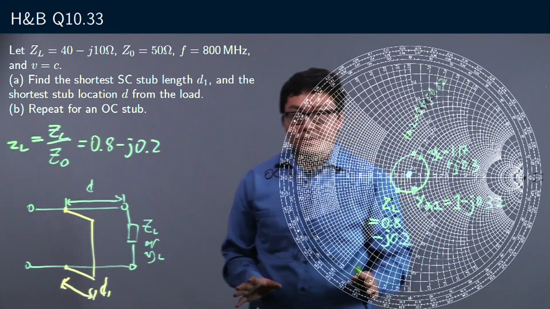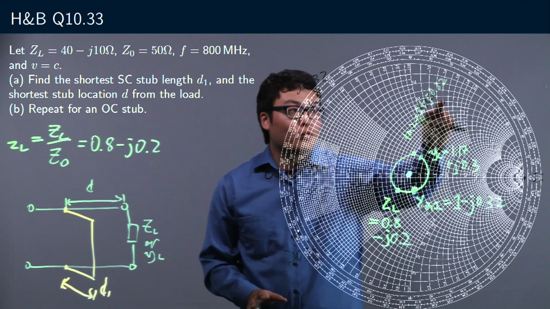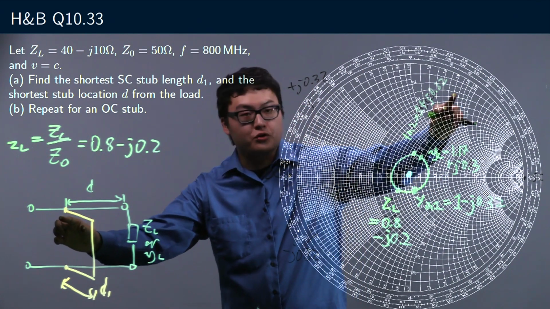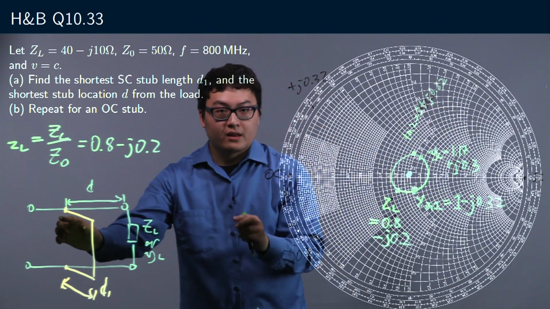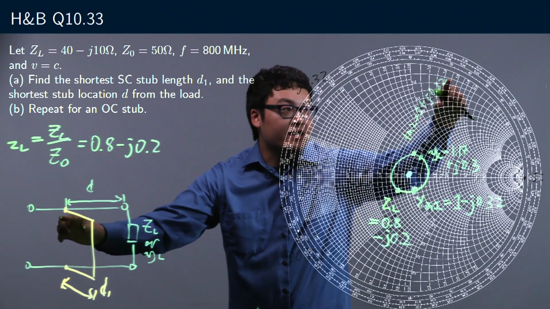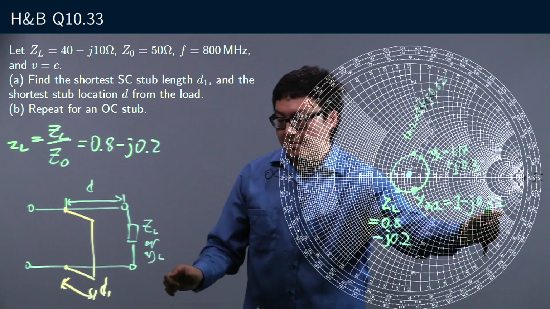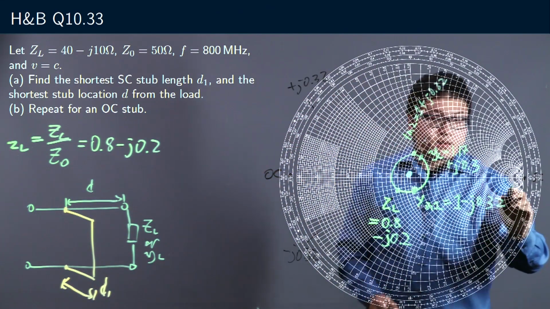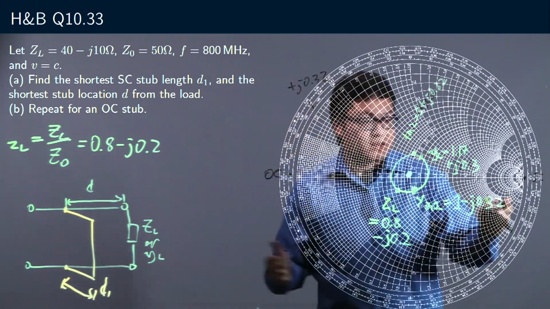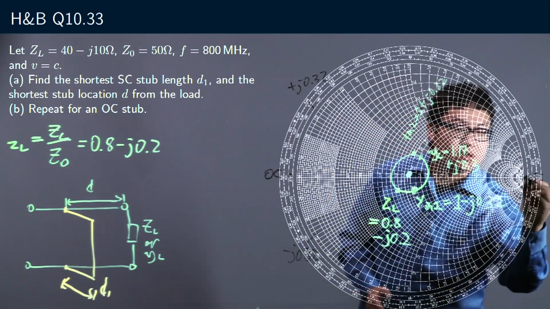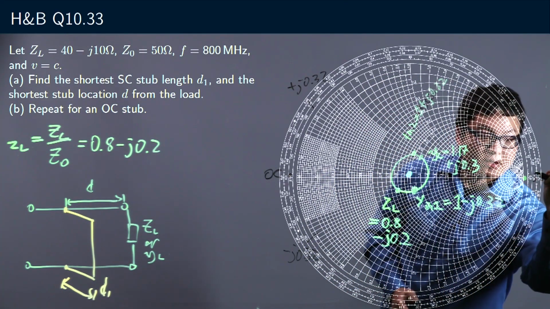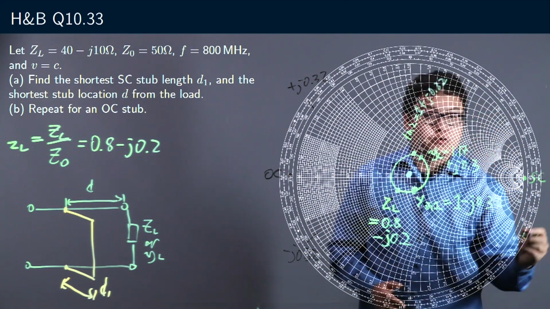So we recall from the last video that we want a certain short circuit stub with an impedance that could exactly cancel out the susceptance here. So to find the short circuit stub length, we first start with the short circuit stub location.